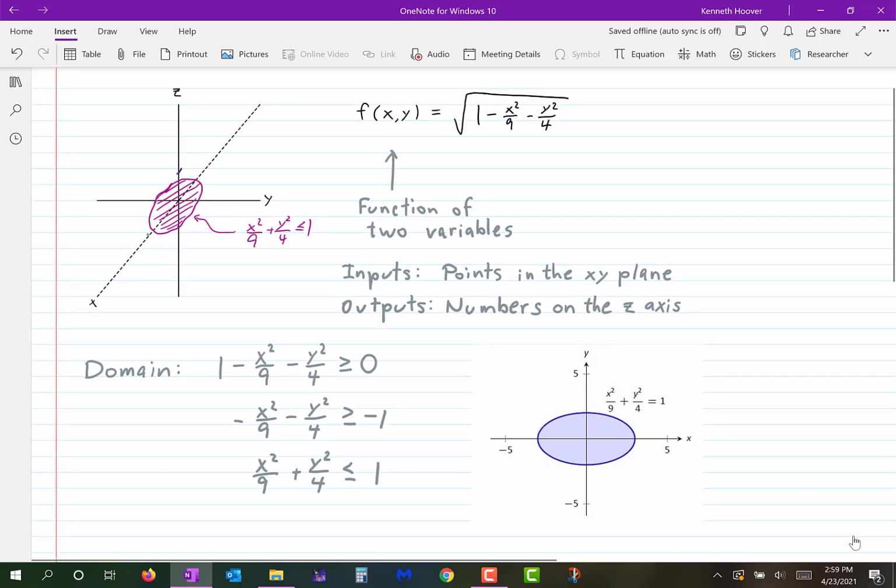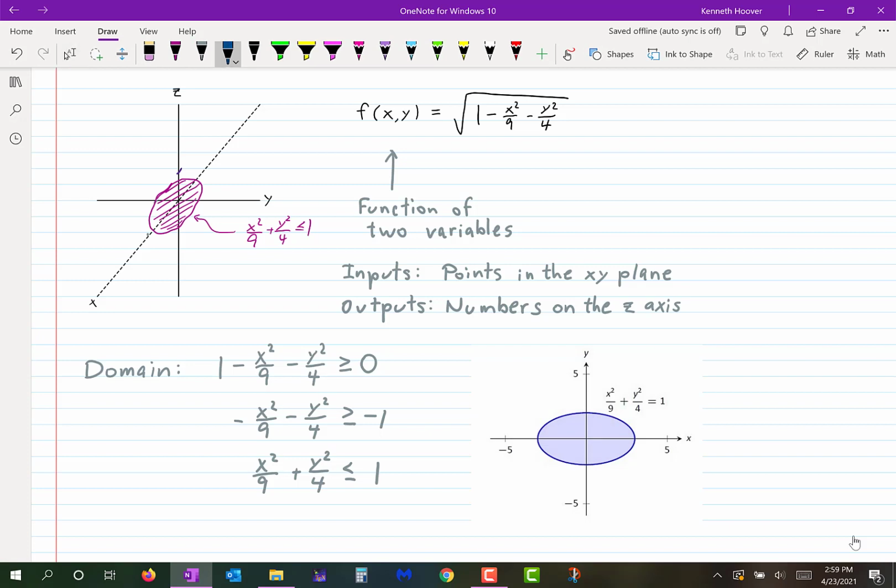Now, what do you think the graph of that whole function looks like? The graph, remember, is going to consist of points that are hovering above the domain, not on the domain, hovering up above it. Okay, what do you think it's going to look like? Well, it's really hard to tell. Let me show you.